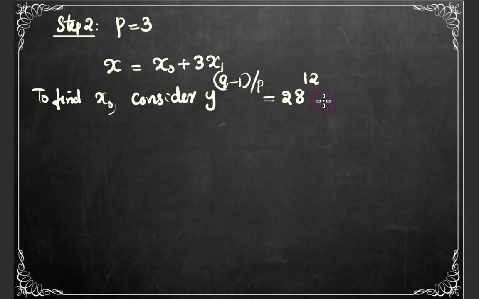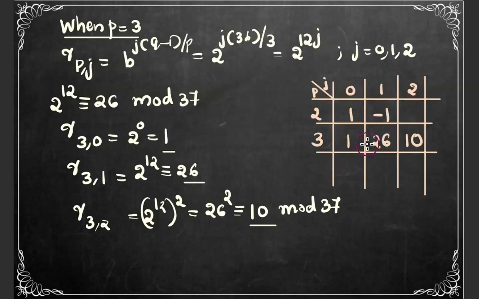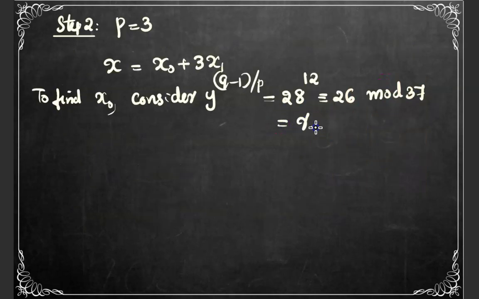And we have already seen that this is congruent to 26 when considered modulo 37. Now comparing this value with the values of R3Js, we can see that 26 is the value of R31. So this is equal to R31. Therefore, x0 must be equal to 1.